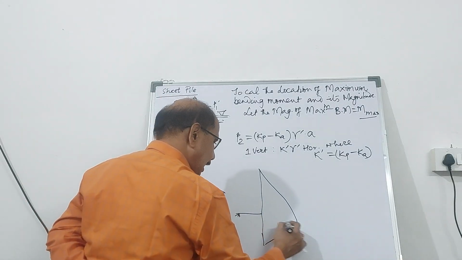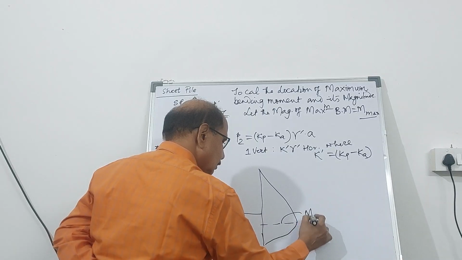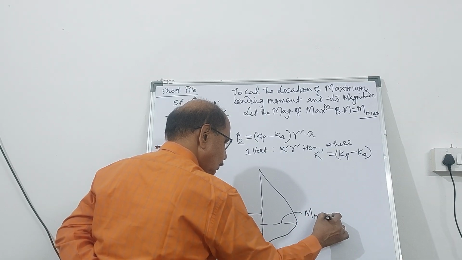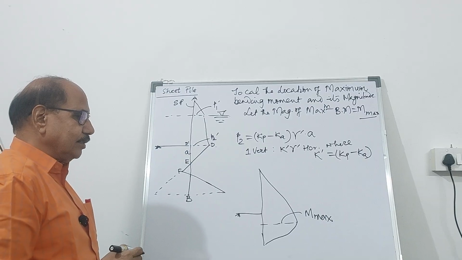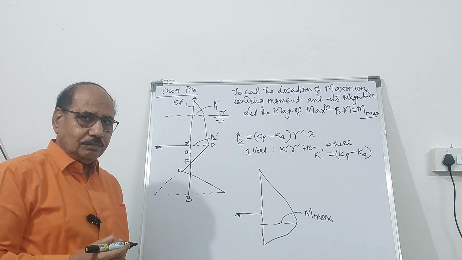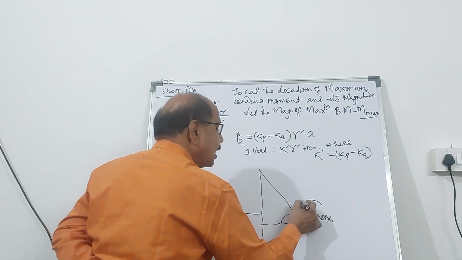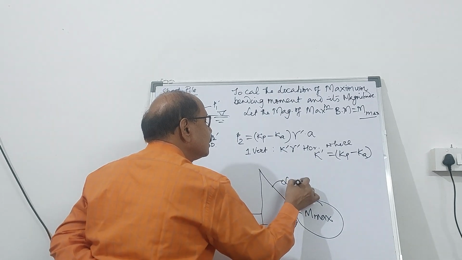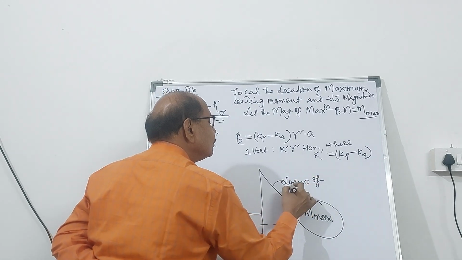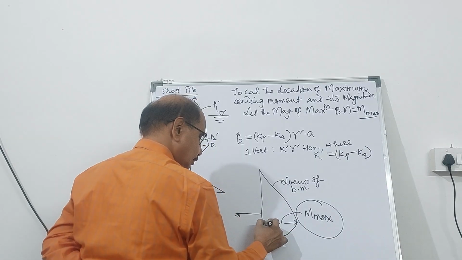So you need to calculate the magnitude of Mmax, maximum bending moment, its location. And once you know the magnitude of this maximum bending moment, this is the locus of bending moment, and this is the maximum.